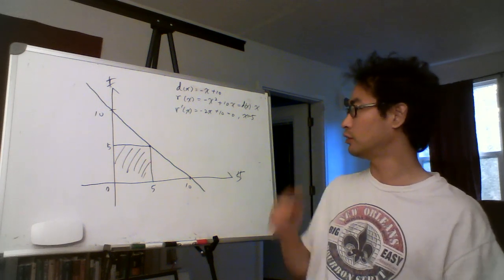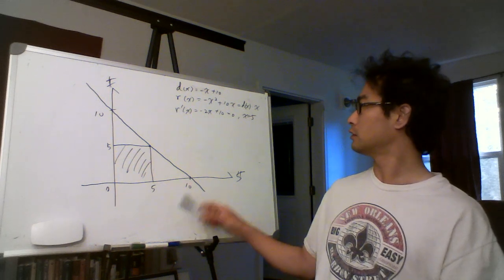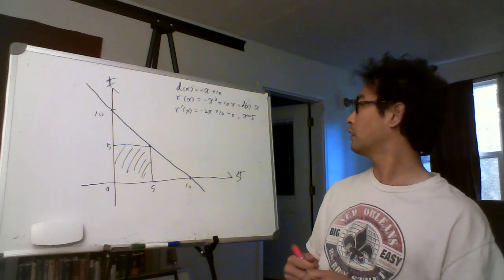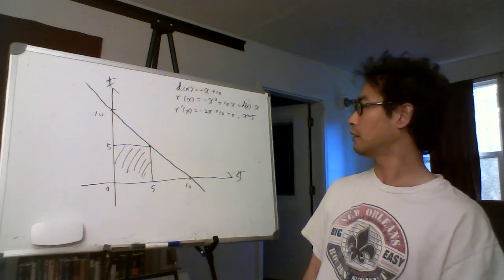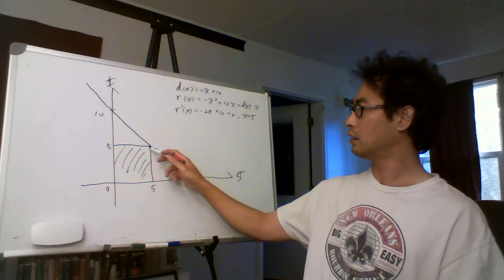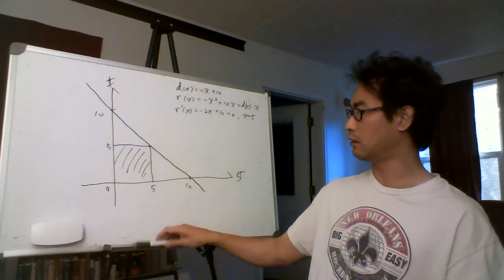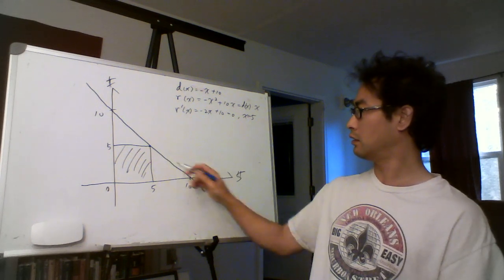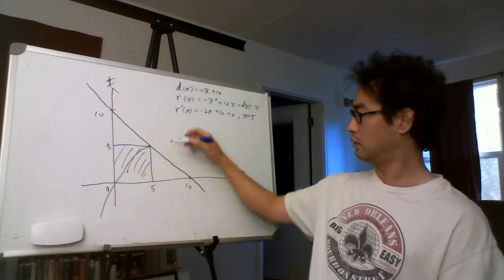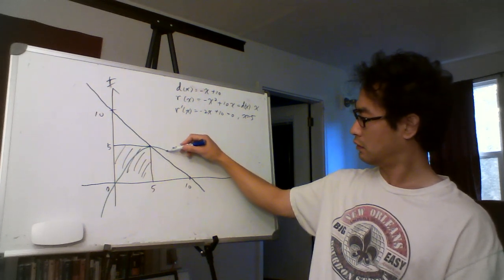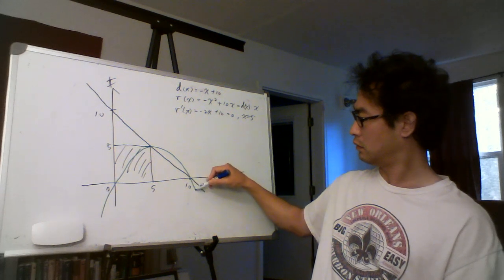Well, first you need to draw some diagram. This parabola goes through 0 and 10, right? And in a different color, something like this.